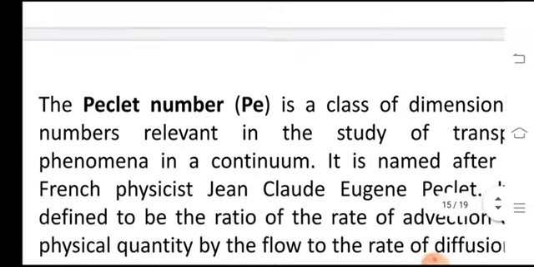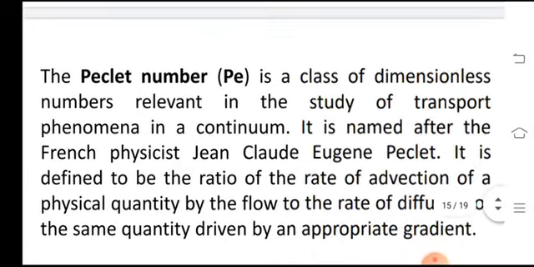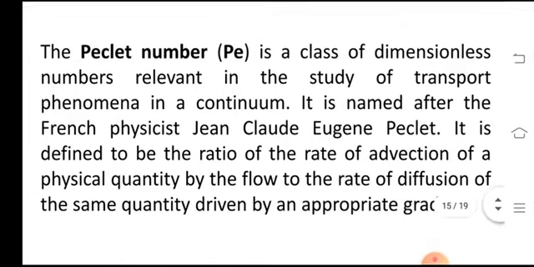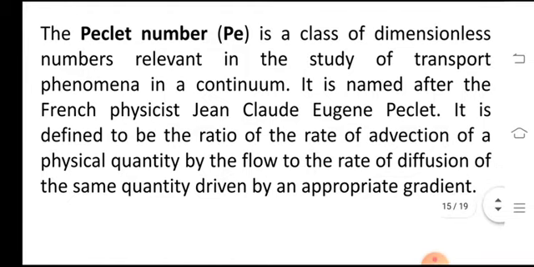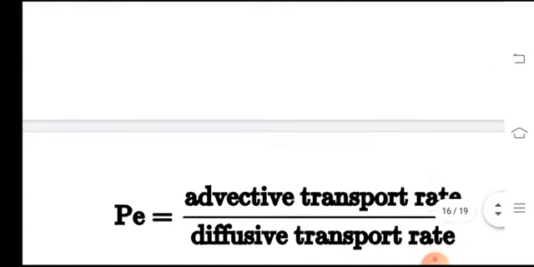So the Péclet number, Pe, is a class of dimensionless number relevant in the study of transport phenomena in a continuum. It is named after the scientist and is defined to be the ratio of the rate of advection of a physical quantity by the flow to the rate of diffusion of the same quantity driven by an appropriate gradient.